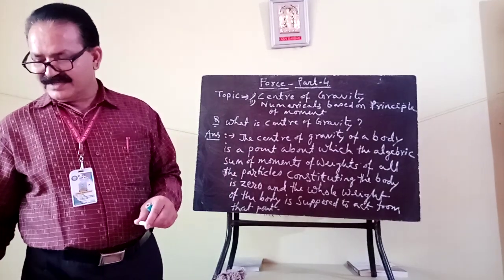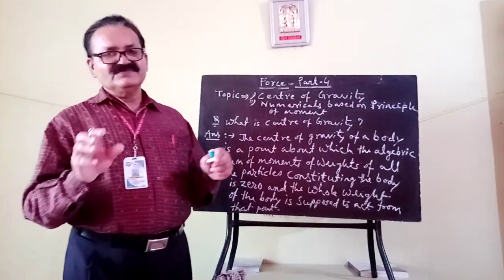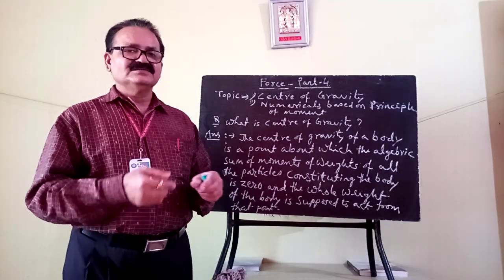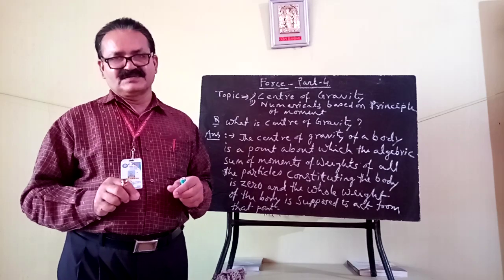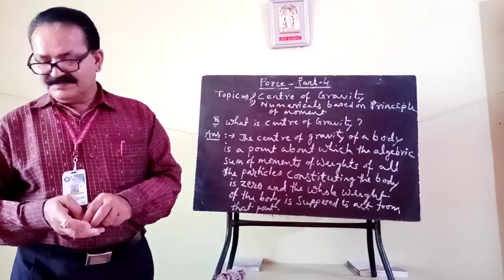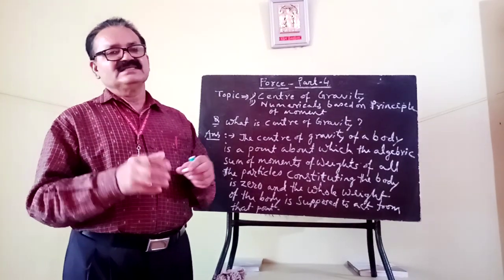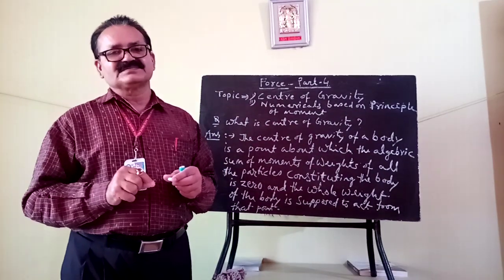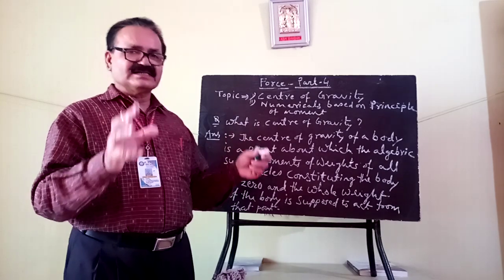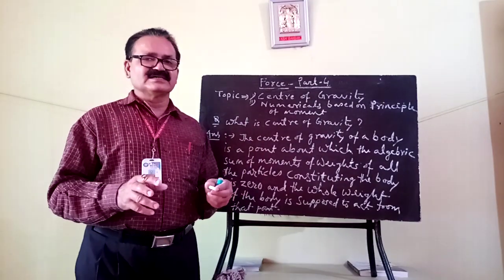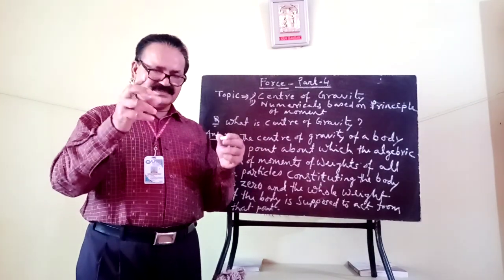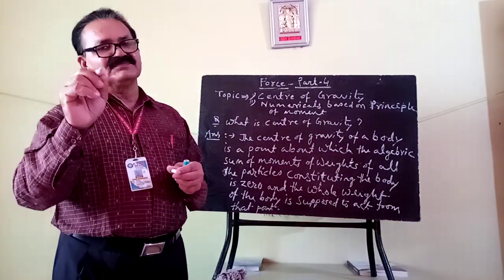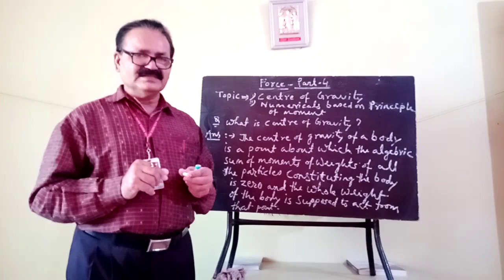Suppose you have a uniform rod. So the middle point of that rod is the position of center of gravity. And if it is a circular disc, then the geometrical center of the circular disc will be the position of center of gravity. If it is a rectangle, then the point of intersection of the diagonals will give you the position of center of gravity.